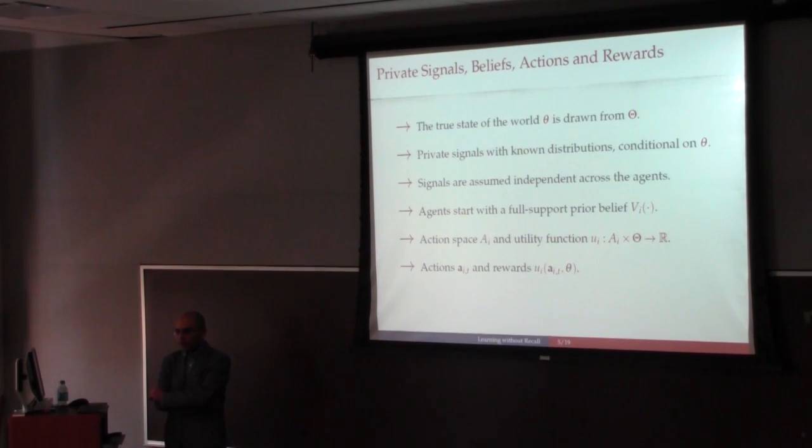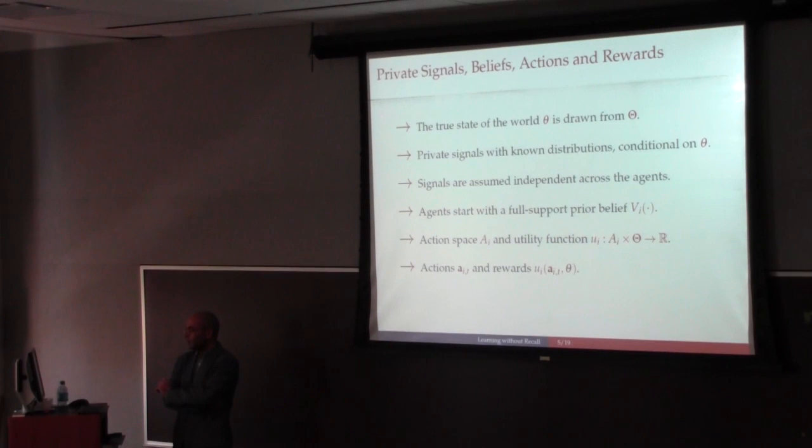They are informative about this best option theta, so conditional on theta they have a known distribution, and these signals are independent across different agents. So different agents have independent information, so they have an incentive to learn from each other, to know each other's private information before committing to a decision.